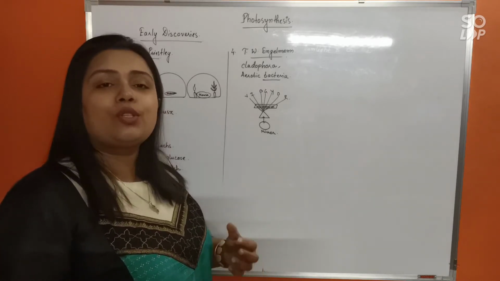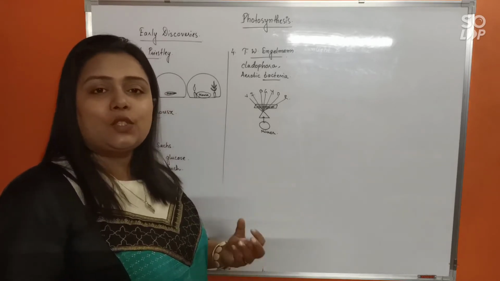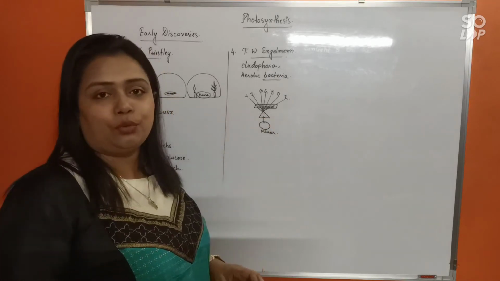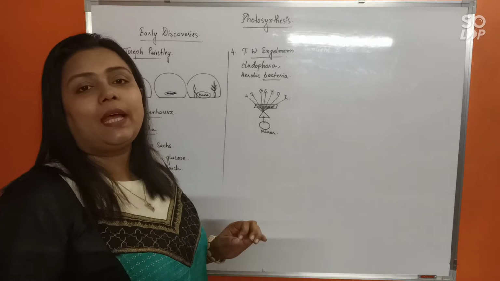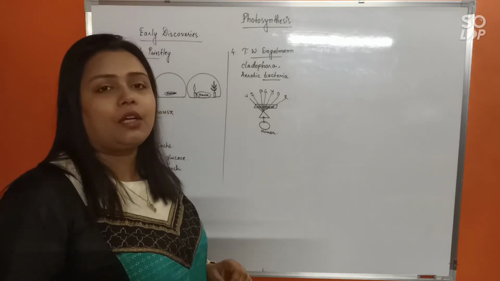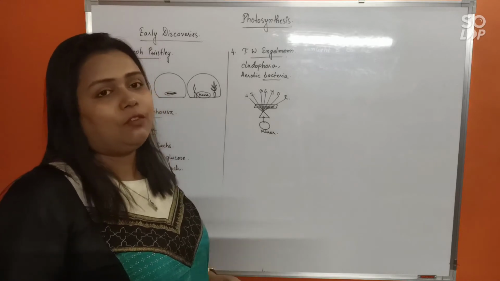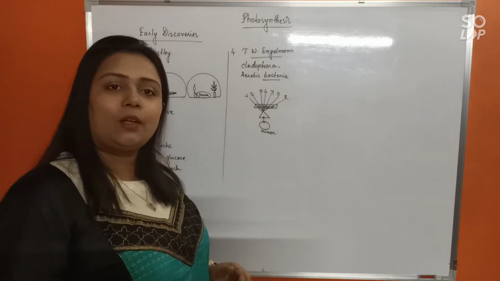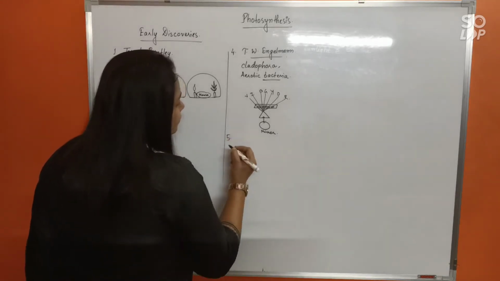Hence, oxygen was also being released at a much higher rate, and that's why all the aerobic bacteria would gather in the blue and the red zone. So from this experiment it was proven that yes, photosynthesis does occur in the visible spectrum of light, but it most efficiently occurs in red and blue radiation only. Okay, understood this?